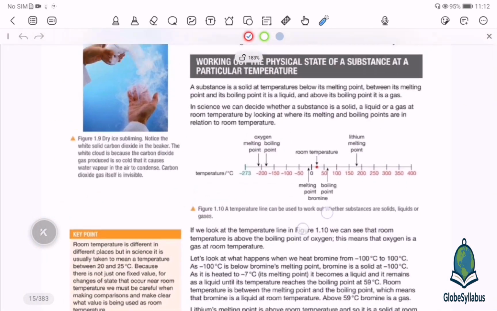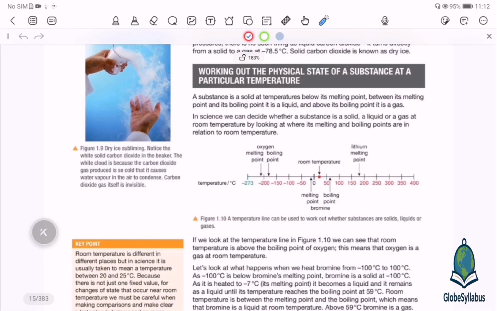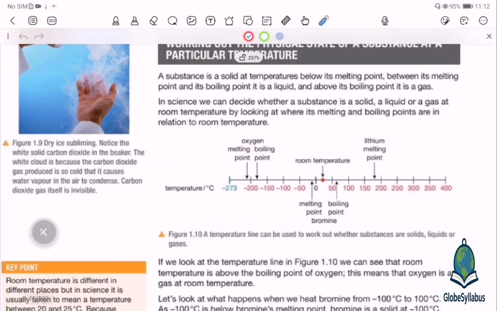So now, by knowing the boiling point or melting point of the state of matter, we can know what state it will be at different temperatures. A substance is a solid at temperature below its melting point.